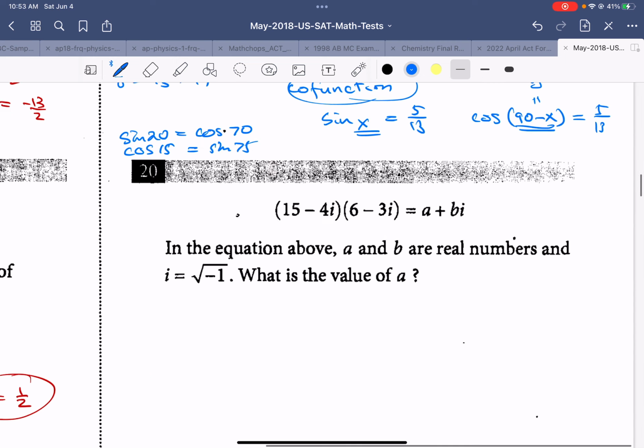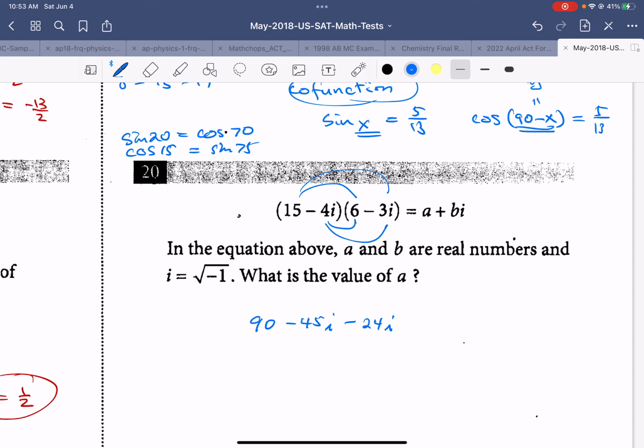And then outside minus 45i, inside minus 24i, and the last term, negative 4i times negative 3i is plus 12i squared, but i squared is negative 1, so minus 12. So that's going to be equal to a plus bi.